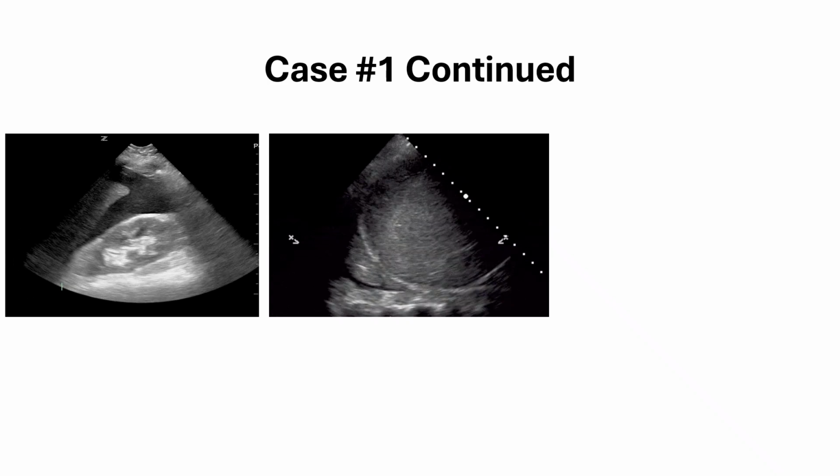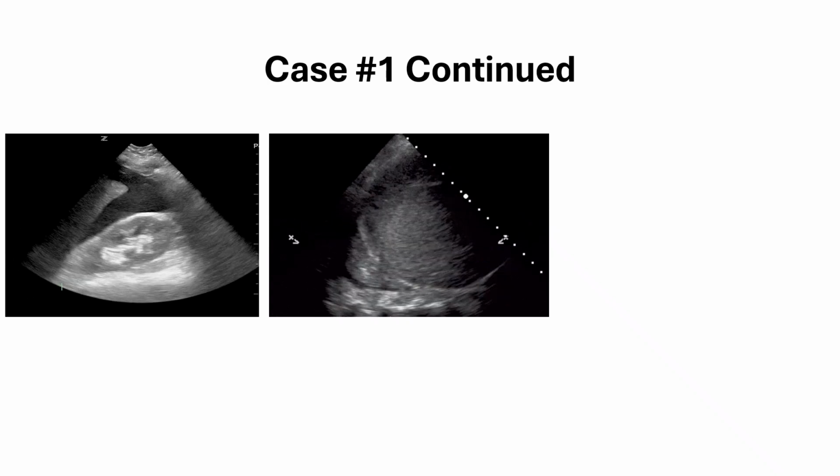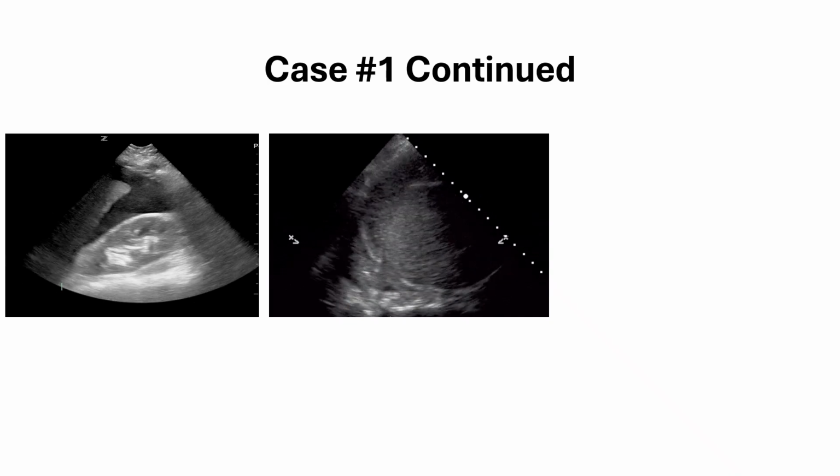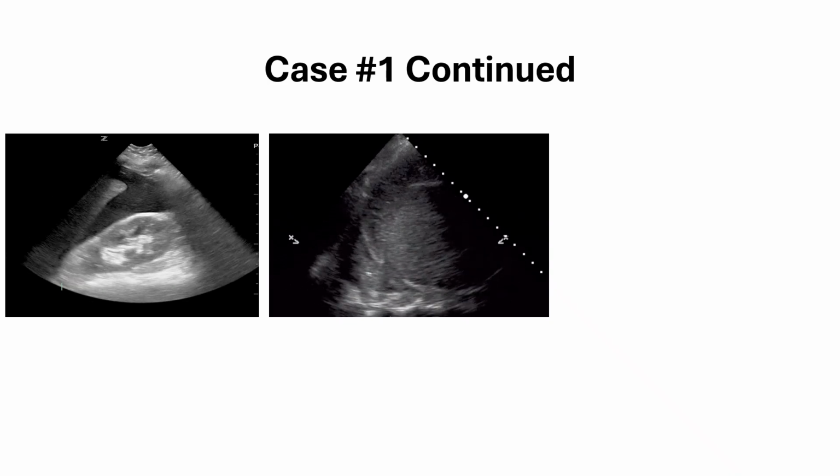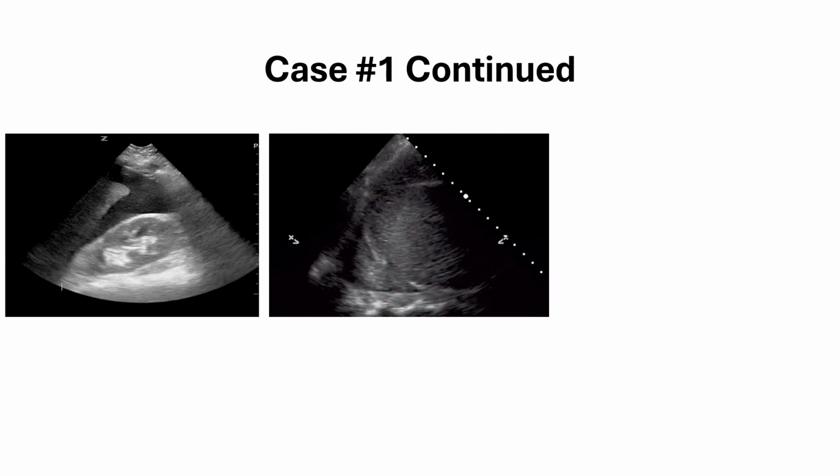Then you screen a little bit higher, more cephalad. You see the diaphragm, and you see some amount of right-sided pleural effusion there. It is anechoic fluid around a collapsed lung. You see this on the bottom right part of the image, just above the diaphragm.